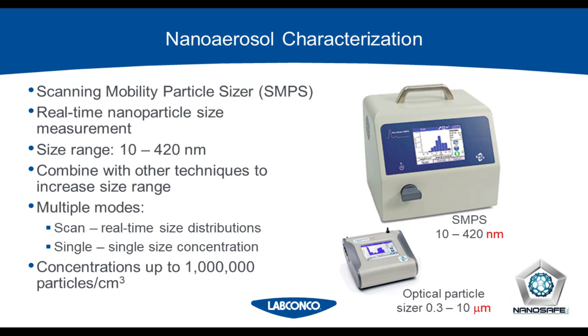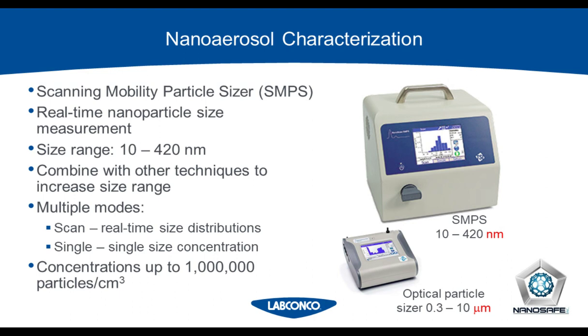Assessing the ability of the hood to contain has to be done using a device that measures. So instead of using a gas sensor, we actually have to use a nanoparticle size measurement device. Here's one of the most common devices that was used by NanoSafe and is still used.